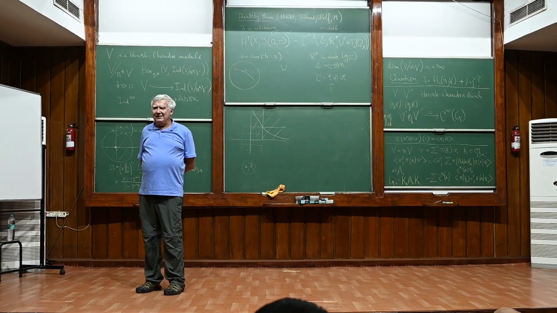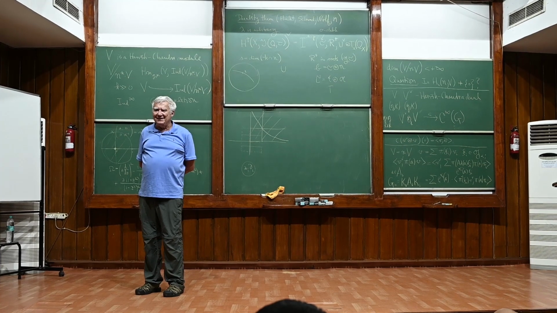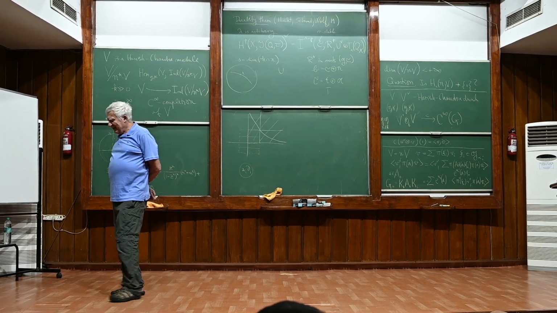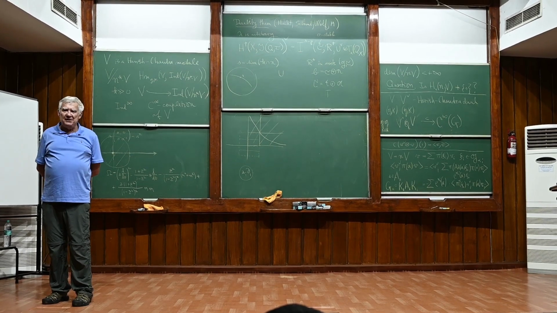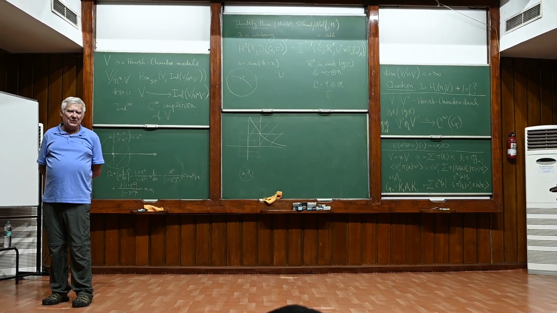And I said, yes, and he was kind of surprised that I actually read this, and he said, you know, I asked Hormander to help me with this, but he showed no interest.